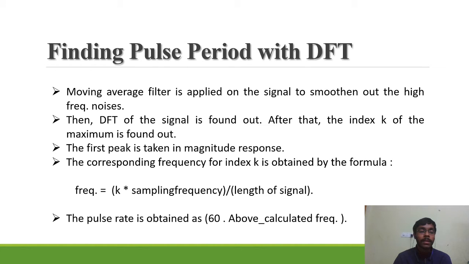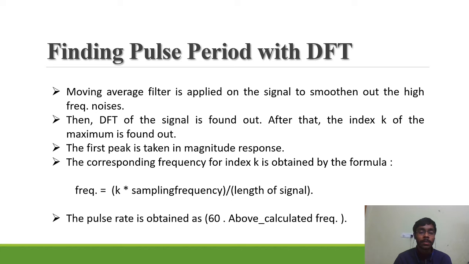Now today's lab experiment is finding pulse period with DFT from the recorded PPG signal. So what are the steps? The first step is we need to apply the moving average filter to smoothen out the high frequency noises present in the PPG signal. Then DFT of the signal is found, and after that the maximum or peak location in the DFT, the index, is found.